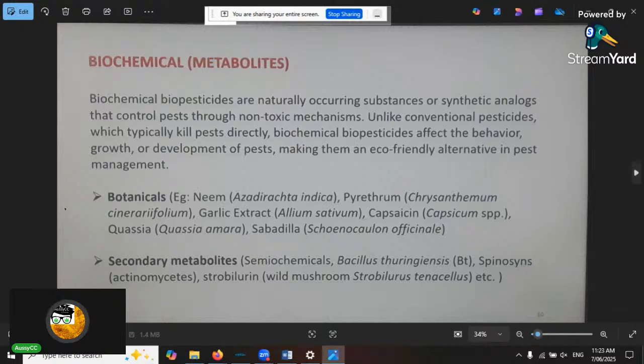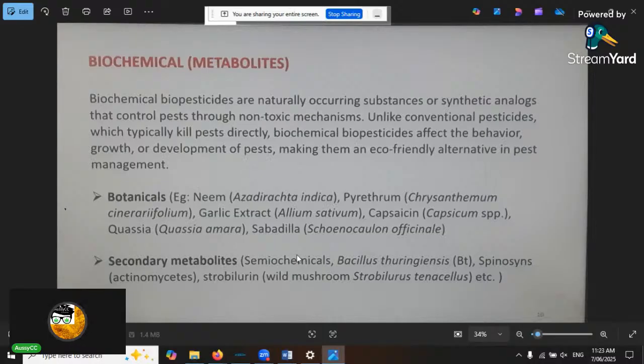Biochemical metabolites. Biochemical pesticides are naturally occurring substances or synthetic analogues that control pests through non-toxic means, like neem, garlic, pyrethrum. But be careful with these ones because they do get rid of some beneficials too. That's the only bad thing.